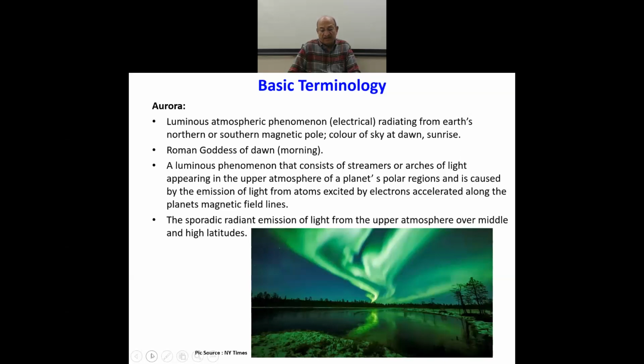And when it is irradiated with cosmic rays coming from space, the gas at low pressure acquires a state of plasma, and that emits light. So Aurora is a very interesting phenomenon.